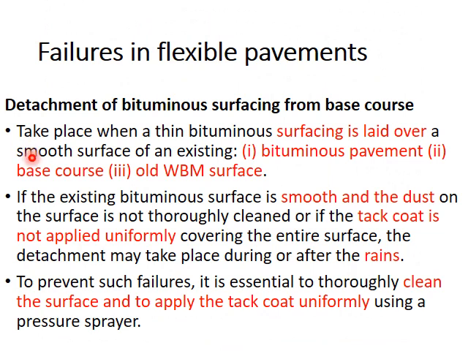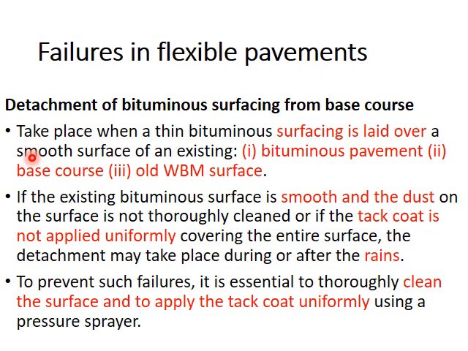Next type of failure in flexible pavement is detachment of bituminous surfacing from base course. The bituminous surface is laid over a bituminous binder course or an old base course. Above the base course, before we apply the bituminous binder course or the surfacing, we apply a tack coat.